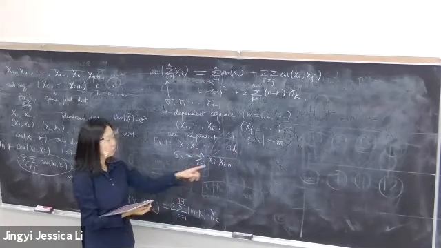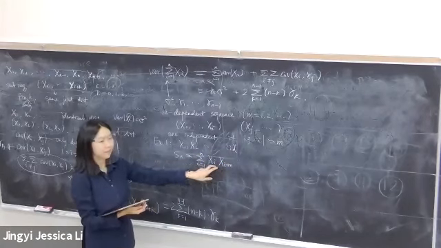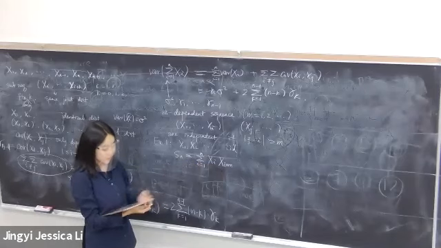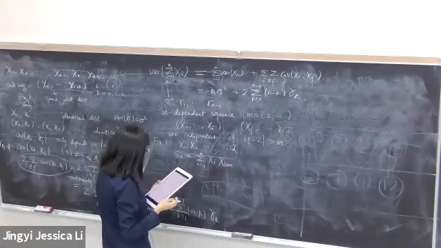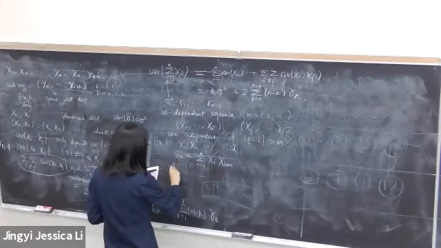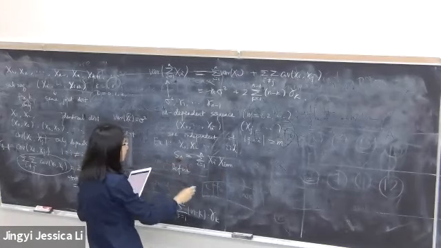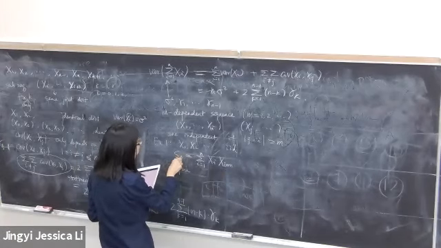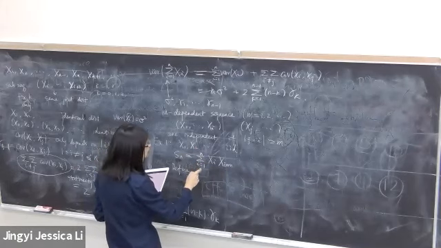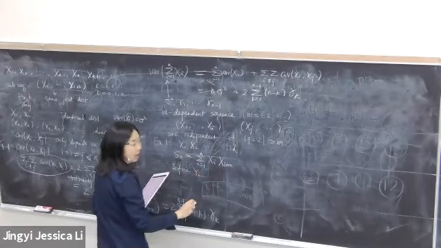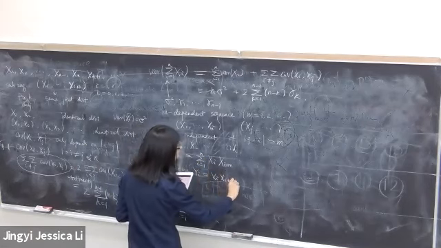So I pick two random variables m apart and multiply them and then take the sum. If I want to study the asymptotic distribution of Sn, then I want to write Sn as a summation of n random variables, right? And each random variable Yi would be xi times xi plus m.